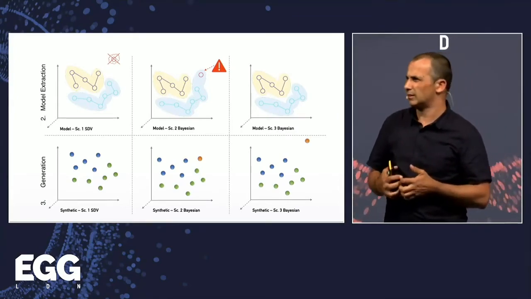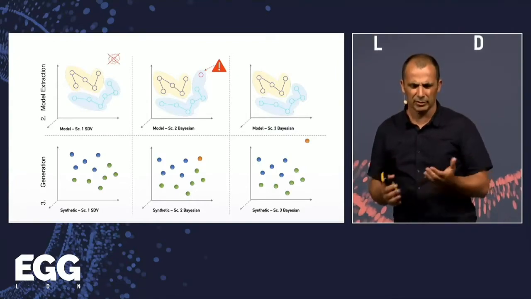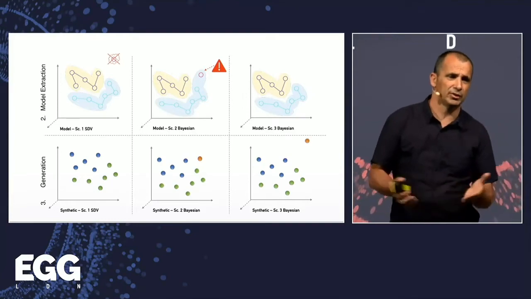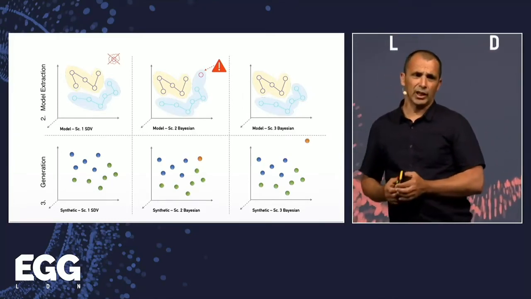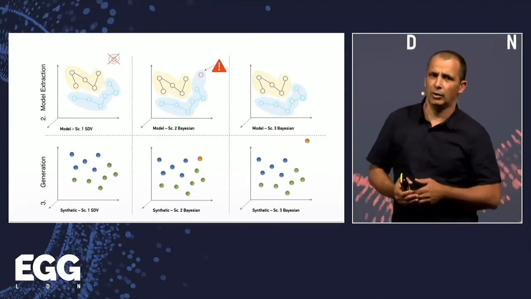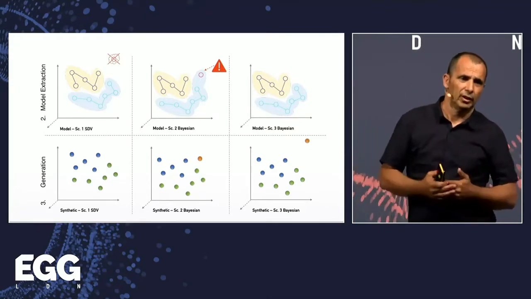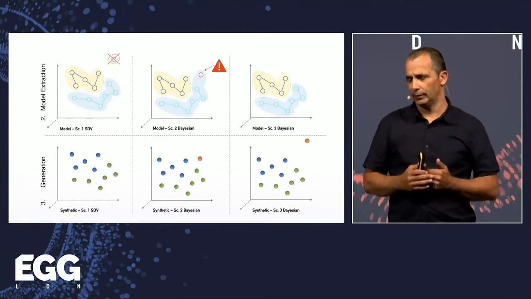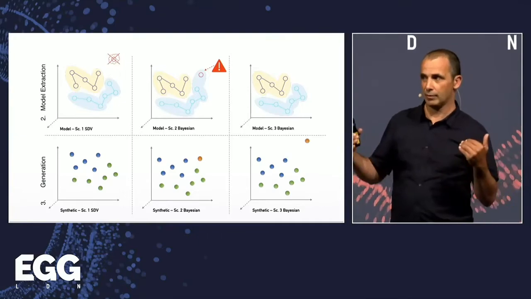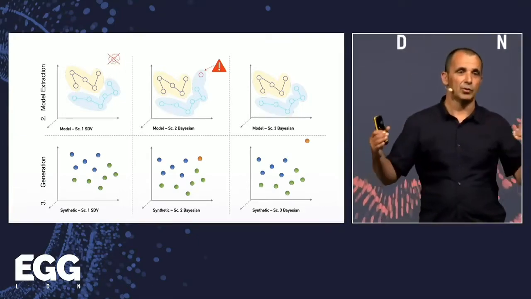It doesn't need many rows. It can be a few thousand, sometimes just a few hundred. The only issue it has is scalability. If you have lots of columns, and when I say lots, I mean thousands, the method scales polynomially with the number of columns. So if you have thousands of columns, you may need to wait some time before it converges.